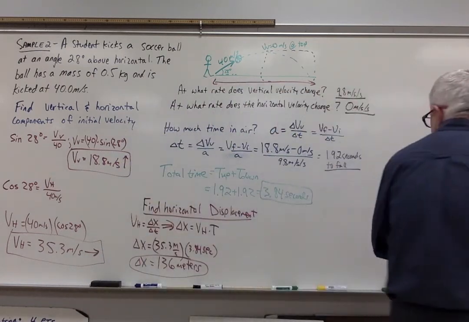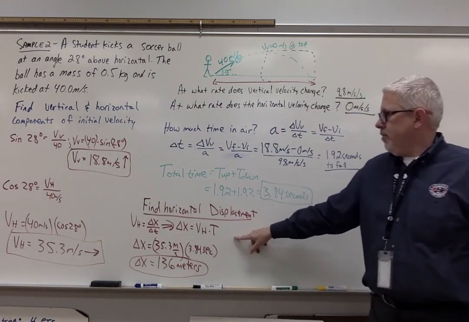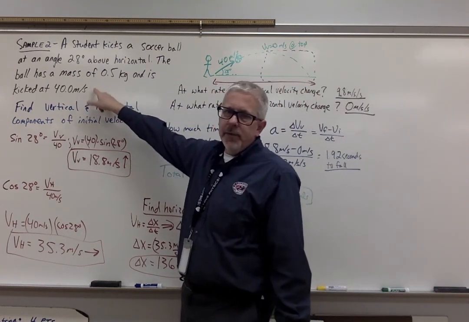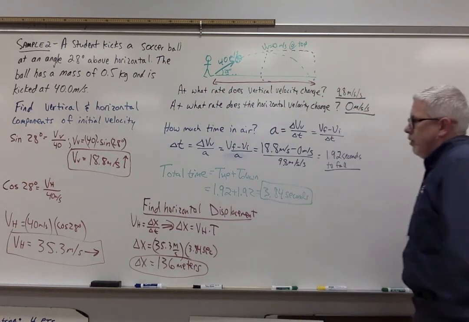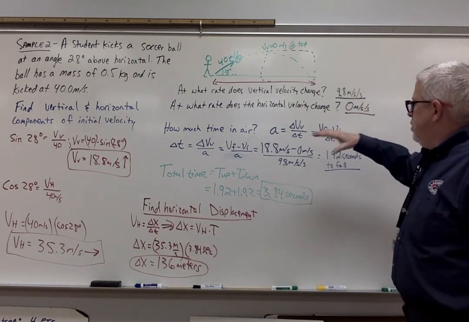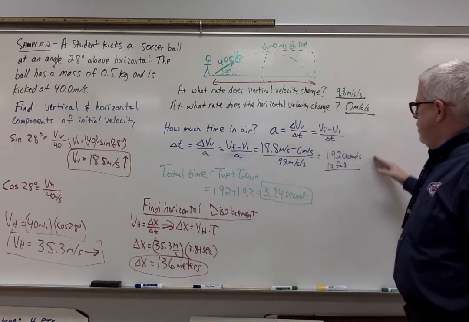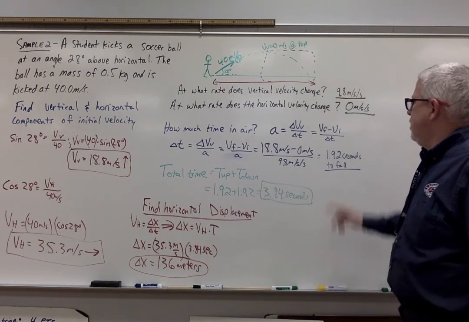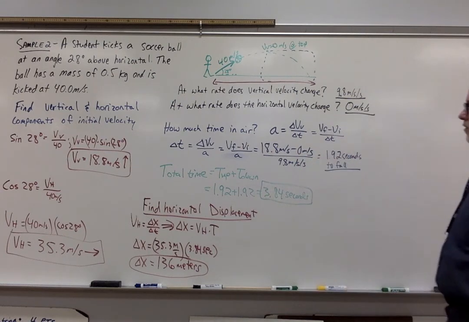So notice, all this is horizontal information. I'm not using the 18.8, I'm not using the 40. In fact, we only really use that 40 to get the horizontal and vertical components. This was a vertical equation right here, because to figure out the time up and the time back down, I needed to think vertically, because my velocity is only changing vertically.